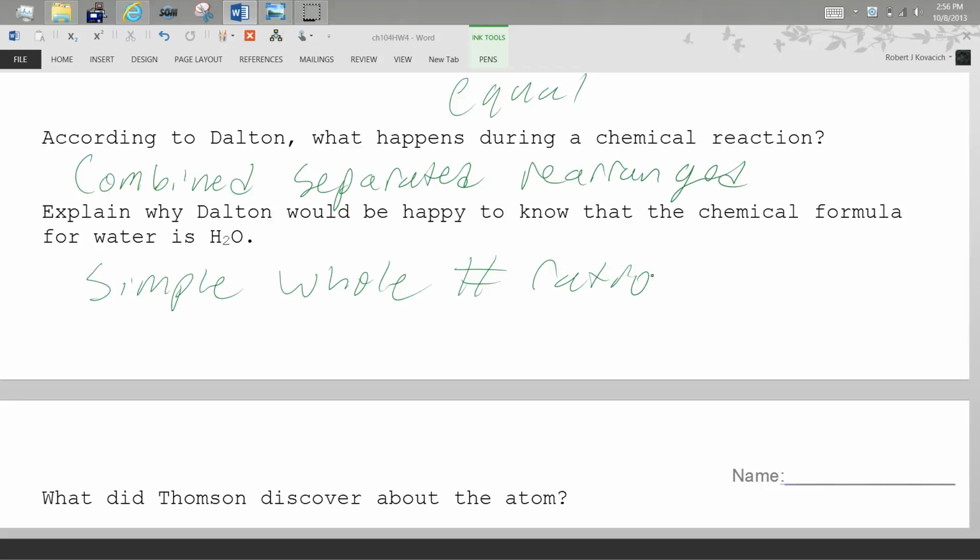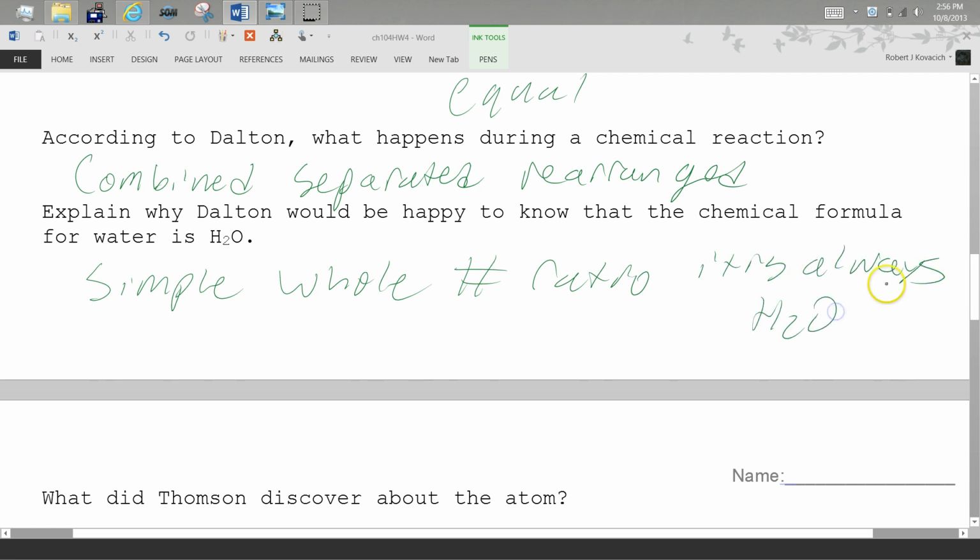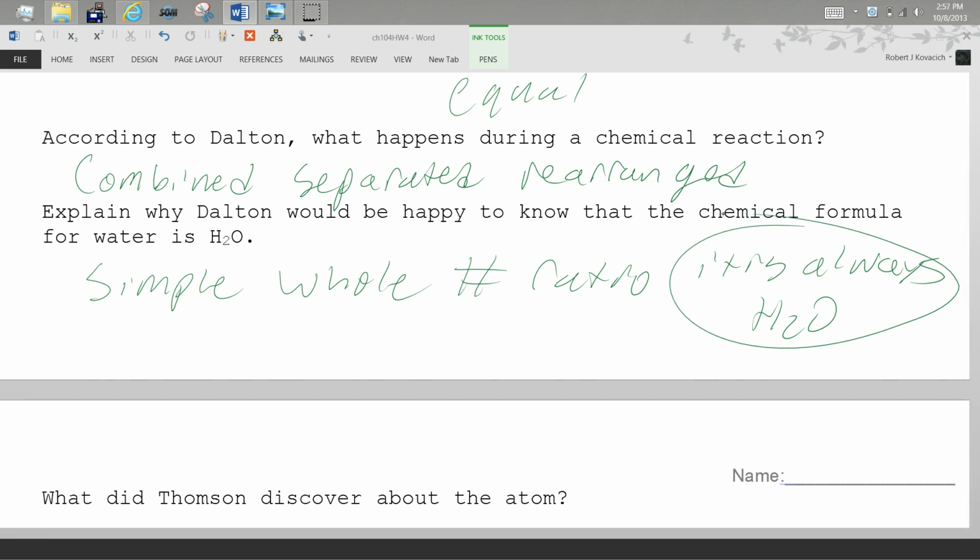It's either an atom of oxygen, or 2 atoms of oxygen, or 6 atoms of oxygen, but never like 2.5. What about definite proportions? It is always H2O. So it's a simple whole number ratio, but it's not just any old simple whole number ratio. It's 2 to 1 H's to O's, and it can't ever be anything other than a 2 to 1 ratio of H's and O's.